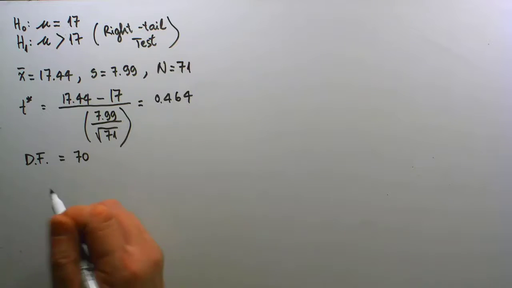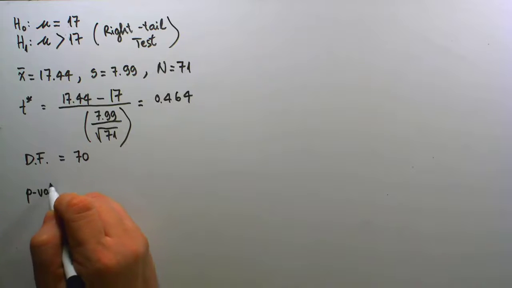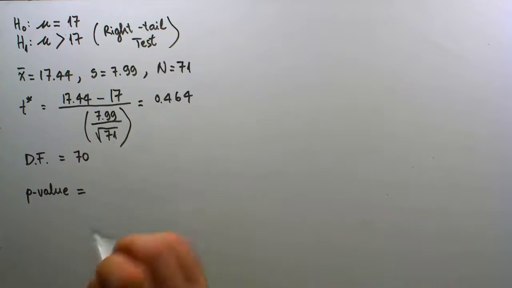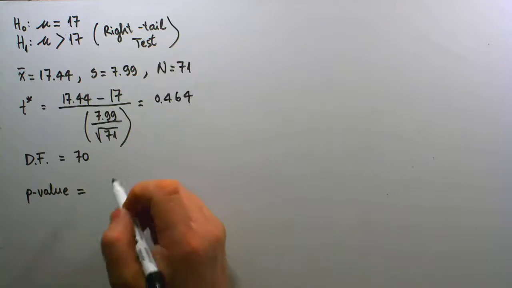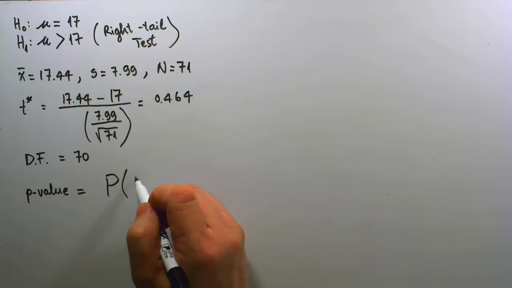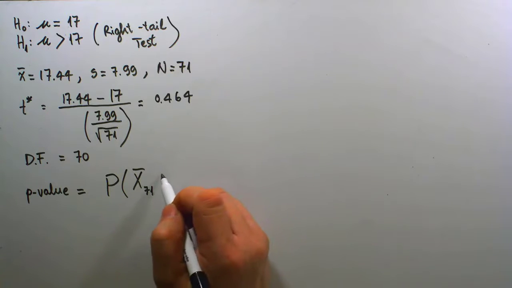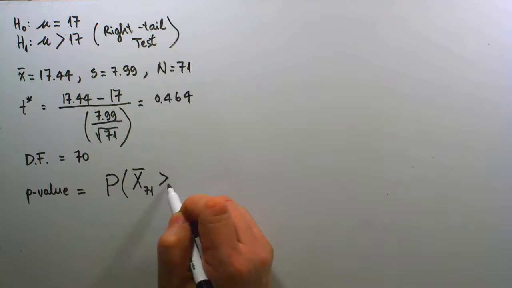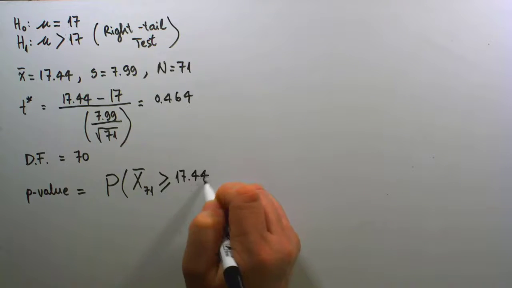And so now we are going to proceed with the problem as a right tail test. Very similar to work that we have done back in some of the earlier examples. This p-value is set up as a probability calculation where we're looking for a sample mean at size 71 having a value greater than or equal to 17.44.